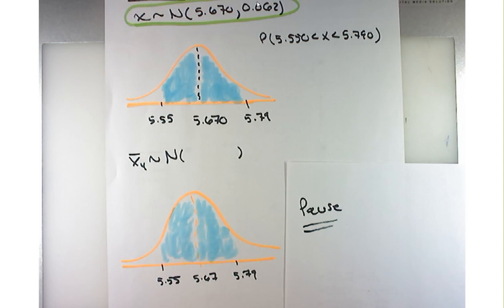Well, since you're dealing with sample size 4, you divide the standard deviation by the square root of 4. Okay, and then what are you going to do to finish up?